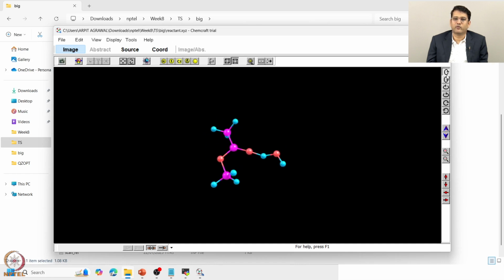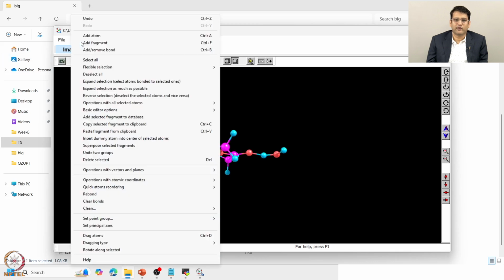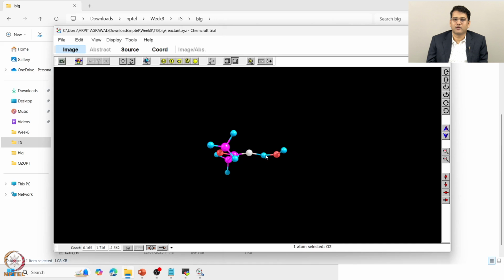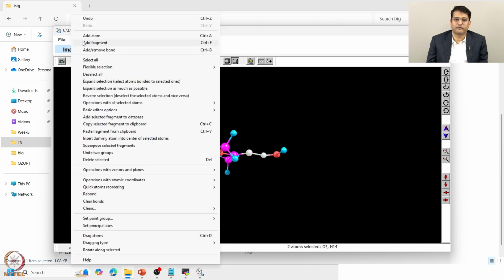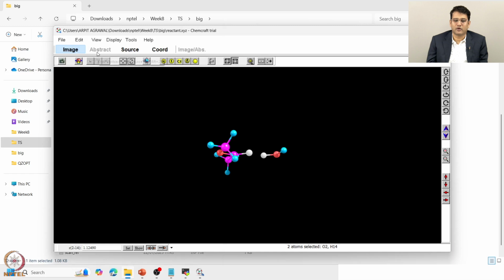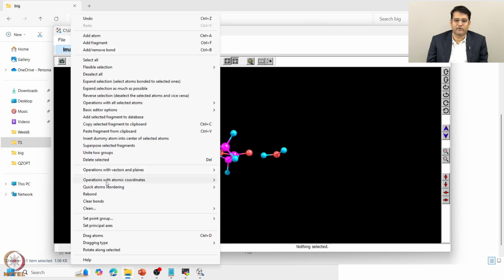That means now what I should do is to drag the water molecule slightly away from it. The way I will do it is that first I will make sure that these two do not have any bond. So remove the bond, and then I will drag the molecule slightly away from it.